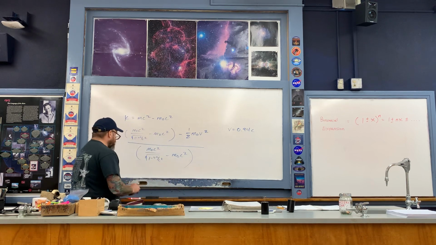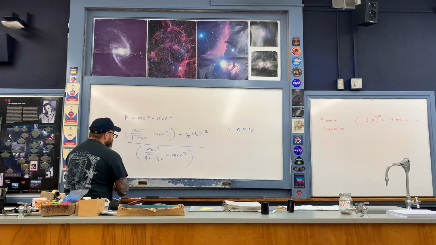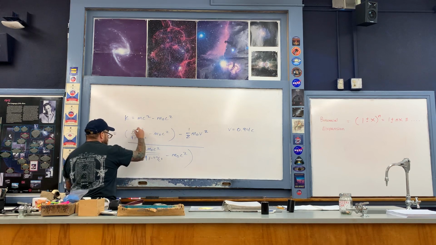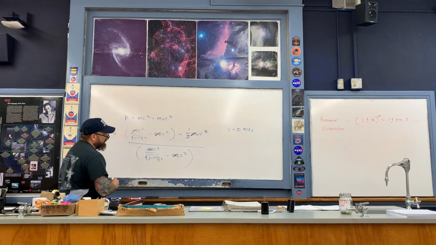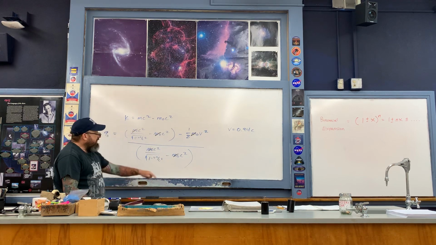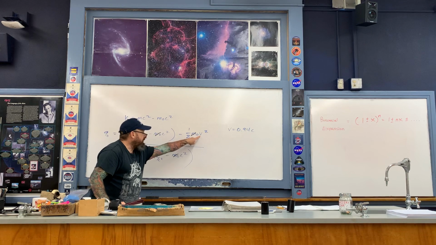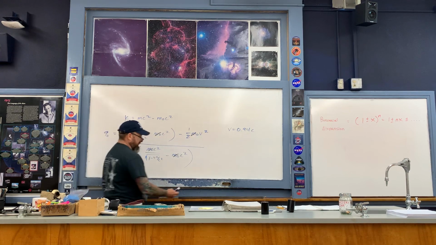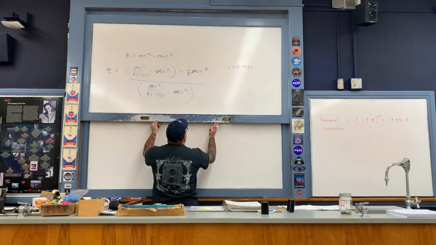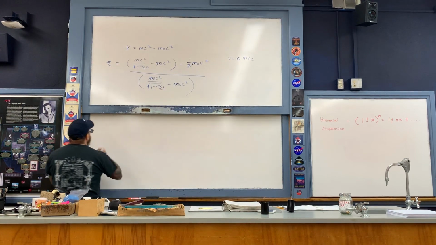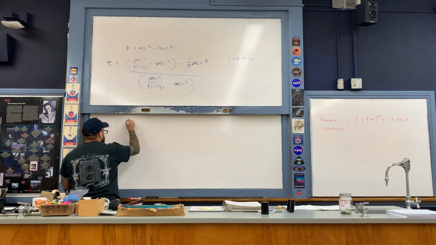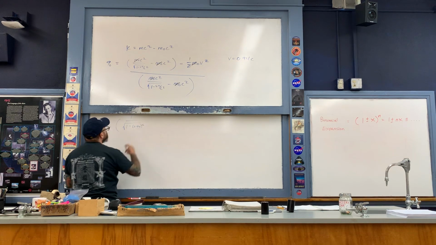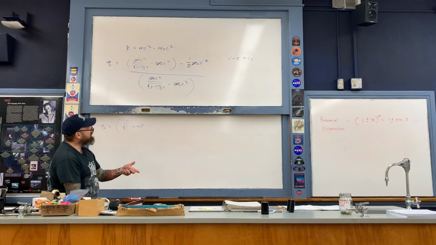I'm going to do some simplifying here as I go. In order to do so, first, let's cancel out an m naught here from each individual term, like so. And then let's start to replace the v's with the 0.94c. So my percentage then is going to be the following. First of all, in the parentheses in the numerator, I've got 1 over radical 1 minus 0.94 squared. The c squareds will all cancel out.